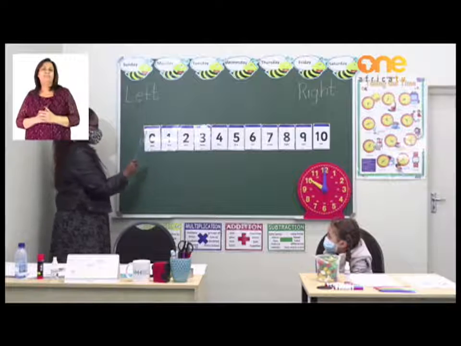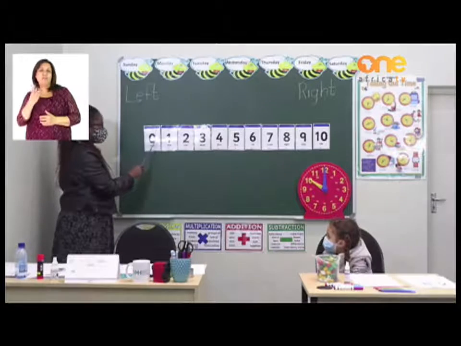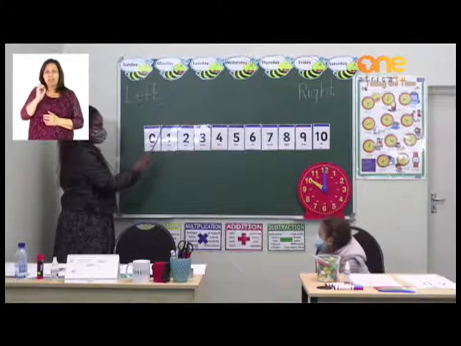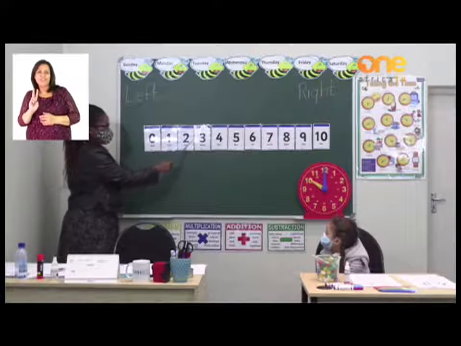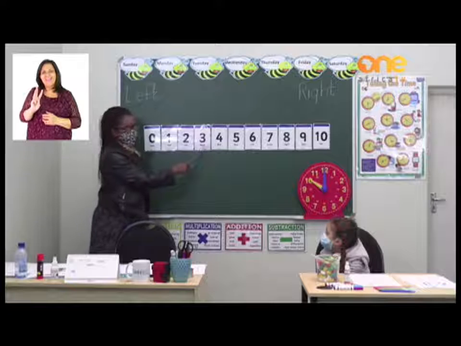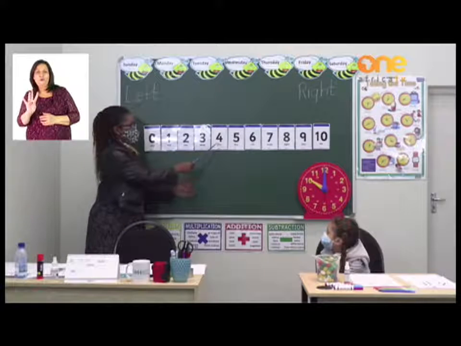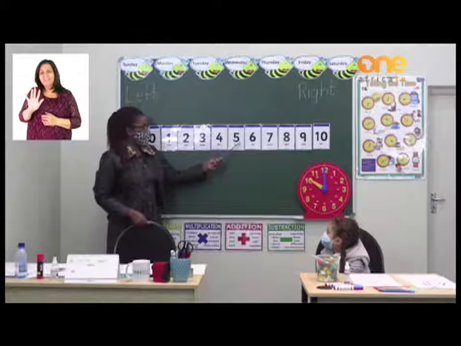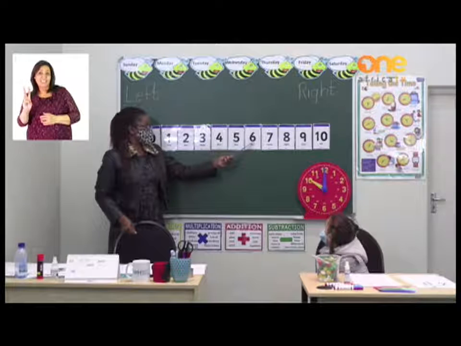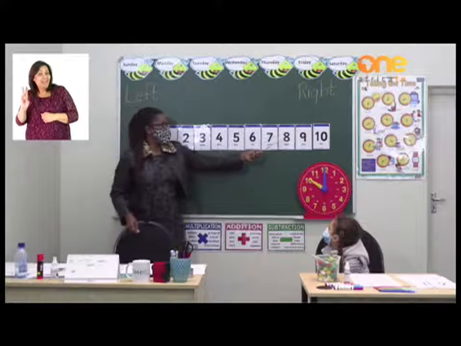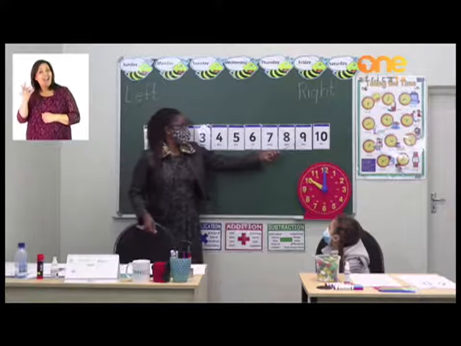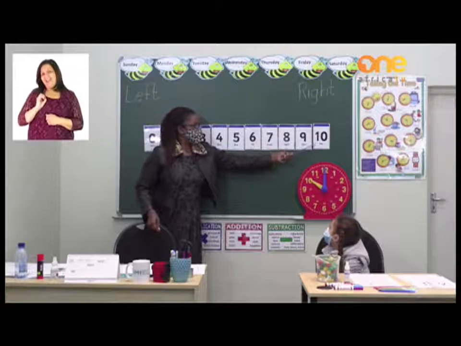Left. Let's count the first number, 0, 1, 2, 3, 4, 5, 6, 7, 8, 9, 10.